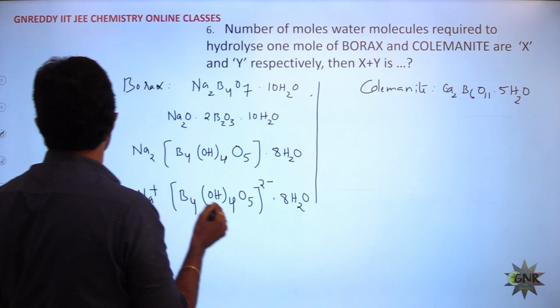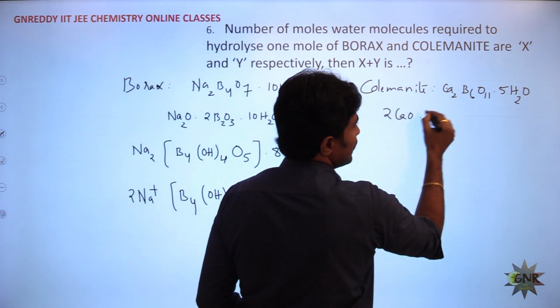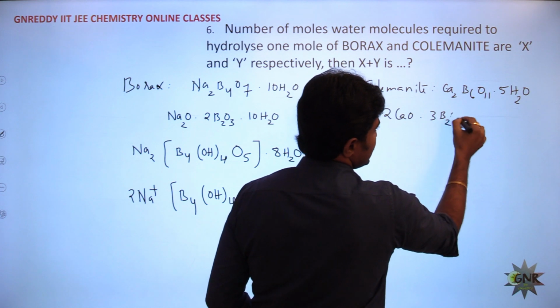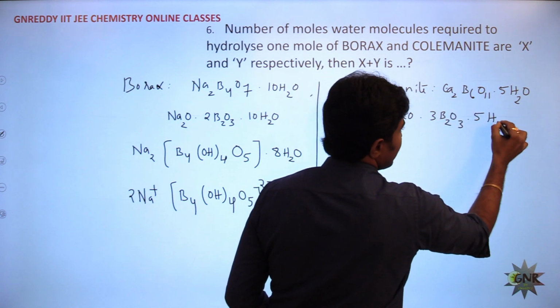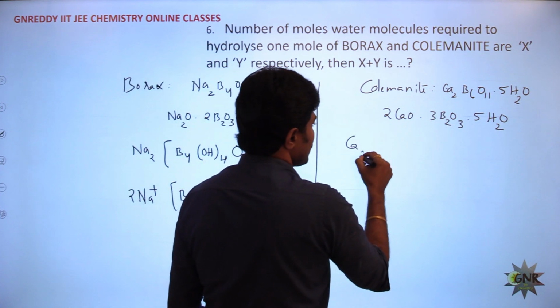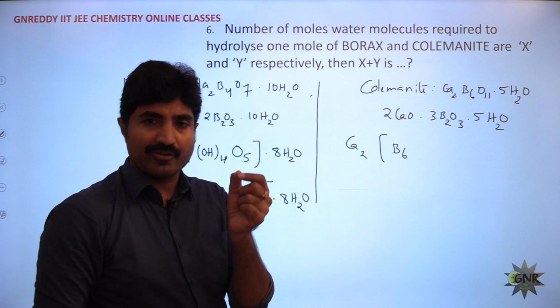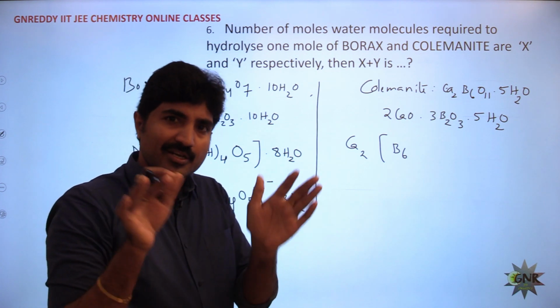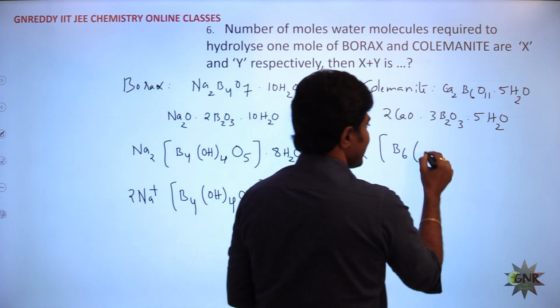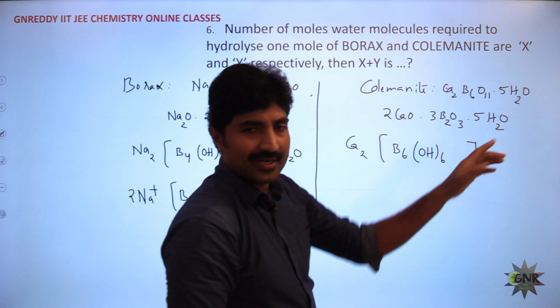And colemanite, if you take the colemanite in the same aspect, this is 2 CaO and 3 B2O3 dot 5 H2O. Or even in complexation, Ca2, how many borons there? 6 borons there. Already I mentioned, for how many borons there, that number of OH groups present inside of the complex. This is OH taken 6 times. 5 H2O means 10 hydrogens there.